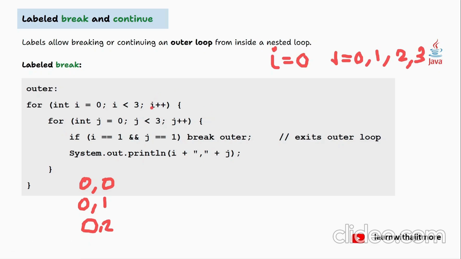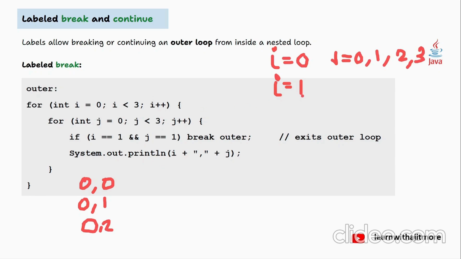And now it will come to the outer for loop, I equal to 1. Okay. The inner loop is complete now because J has become 3. The condition J less than 3 is false. So the inner loop is over. It will come to the outer loop for I plus plus.